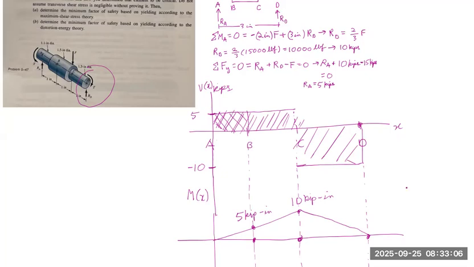And how we can understand this is that CD is negative 10 times 1, which is negative 10 kip-inches. So we go from 10 kip-inch and we add negative 10 kip-inch. So it will return us back to 0 as we expected. That's how you know that the bending moment diagram is drawn correctly.